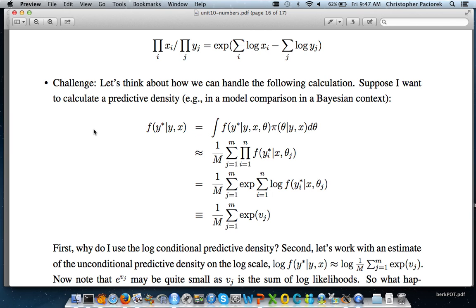So now I've reduced this down to 1 over m, sum j equals 1 to m, of e to the Vj, where I call whatever those numbers were Vj. Suppose the Vj are things like minus 400, minus 405, minus 410, etc.